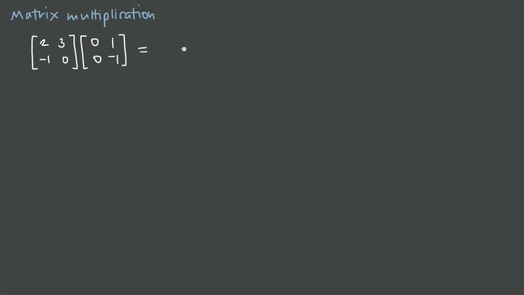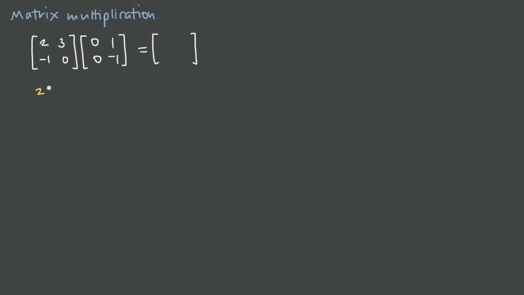So here's what the result is going to look like for this matrix multiplication. We're going to start by taking the first row of the first matrix multiplied by the first column of the second matrix. So we have the ordered pair 2, 3 multiplied by the ordered pair 0, 0. In order to multiply those ordered pairs by each other, we multiply the first entries 2 and 0, and then we add to that the product of the second entries 3 and 0.